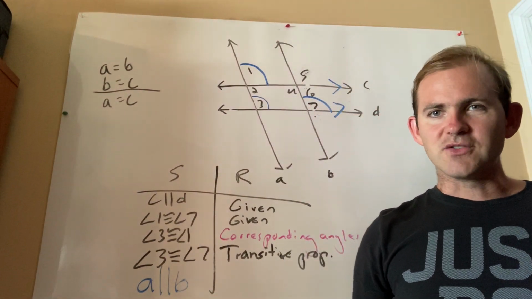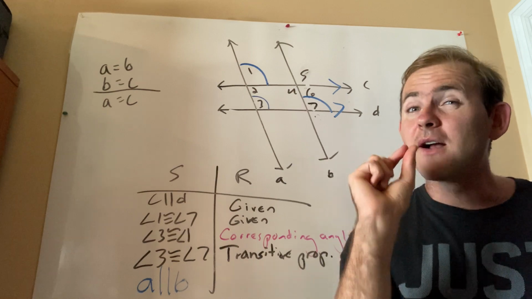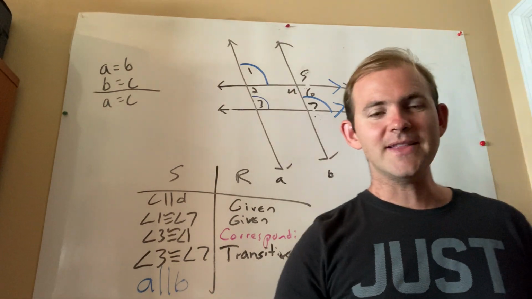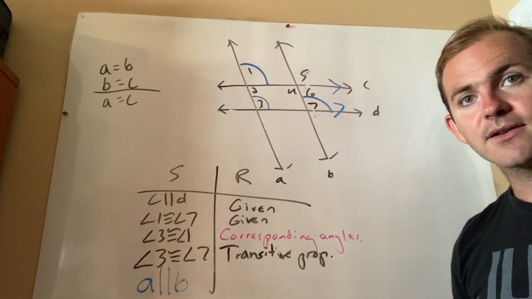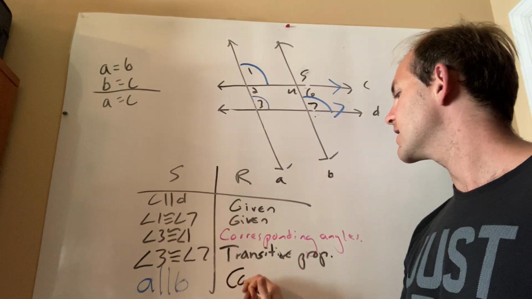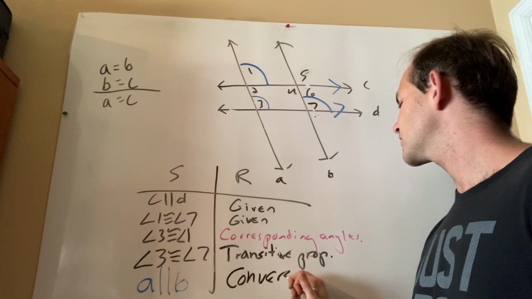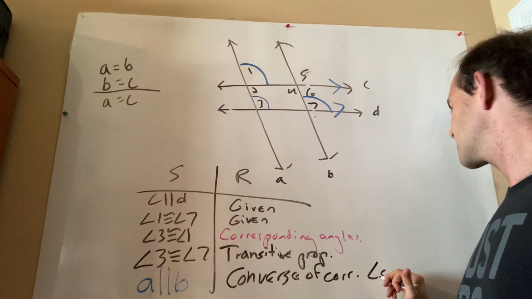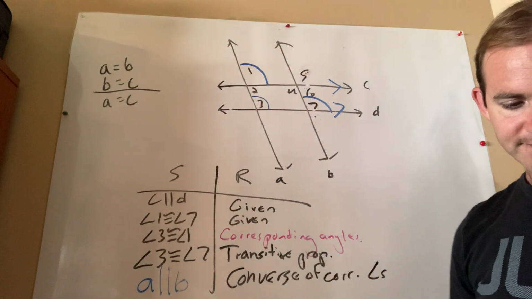So I would say that those are corresponding, but because I'm trying to prove the lines parallel, instead of using the regular theorem, I would use the converse. All right, so I would use the converse of corresponding angles.